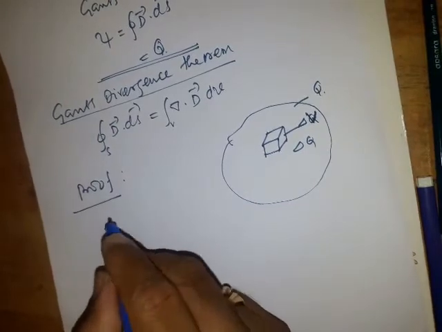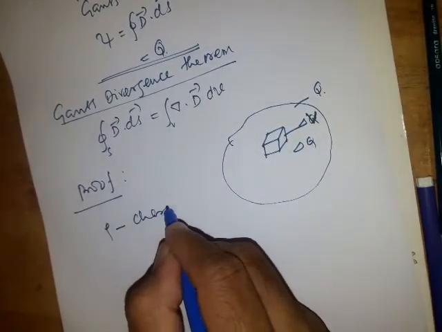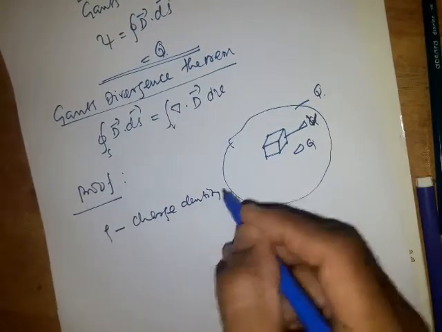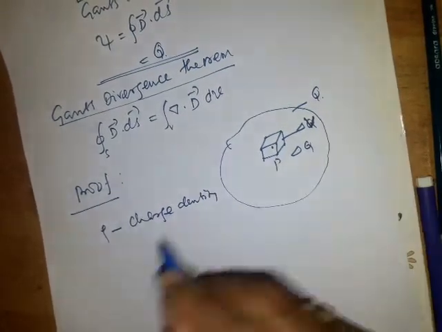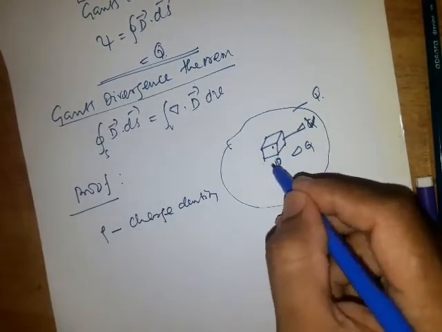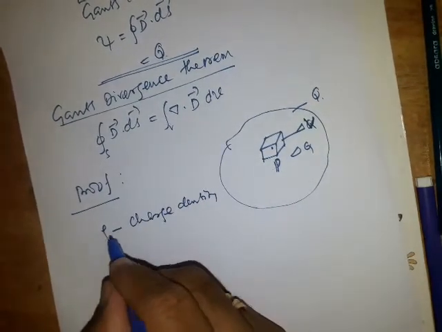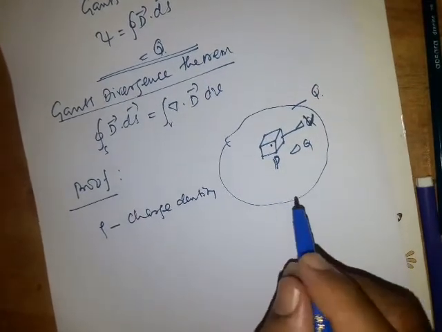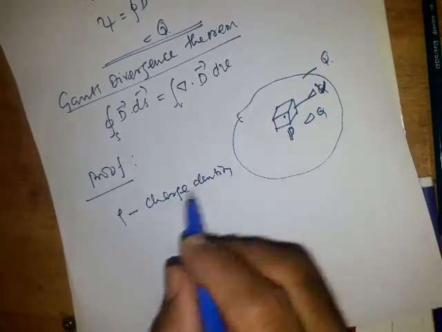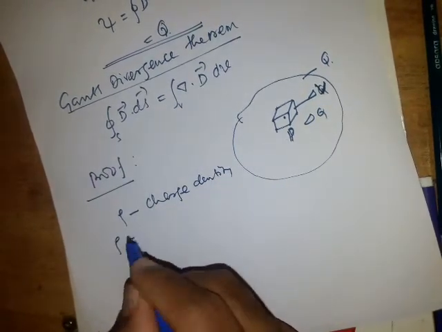Let rho be the charge density at a point, say P, and this small volume is surrounding this point P. Now what is the definition of charge density?